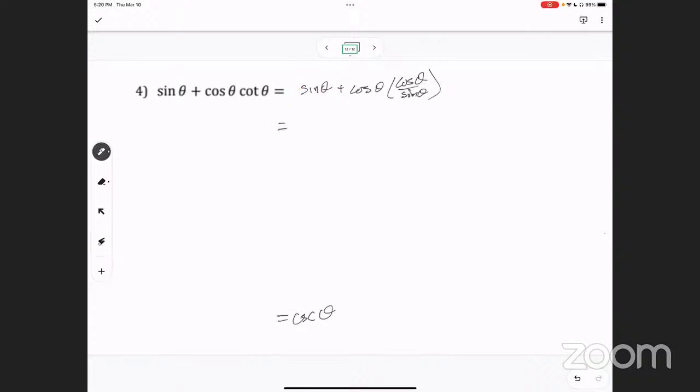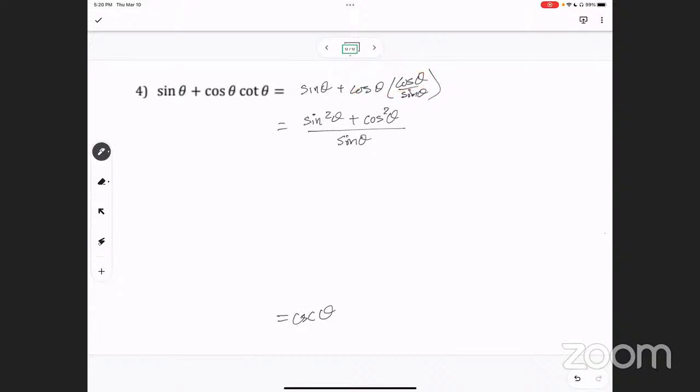Yep, good. So my next step is going to be that. So what should I write for my next step? Wouldn't it be sine theta squared plus cosine theta all over sine theta? Do you mean cosine squared? Yeah, cosine squared, sorry.